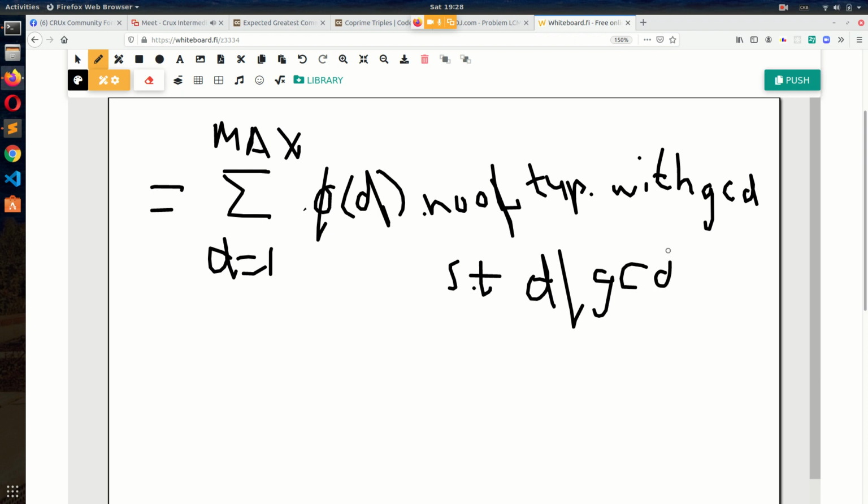Did everyone get how I rewrote, how I converted that sum to this sum? Is there any doubt with this? Okay, there is no doubt.